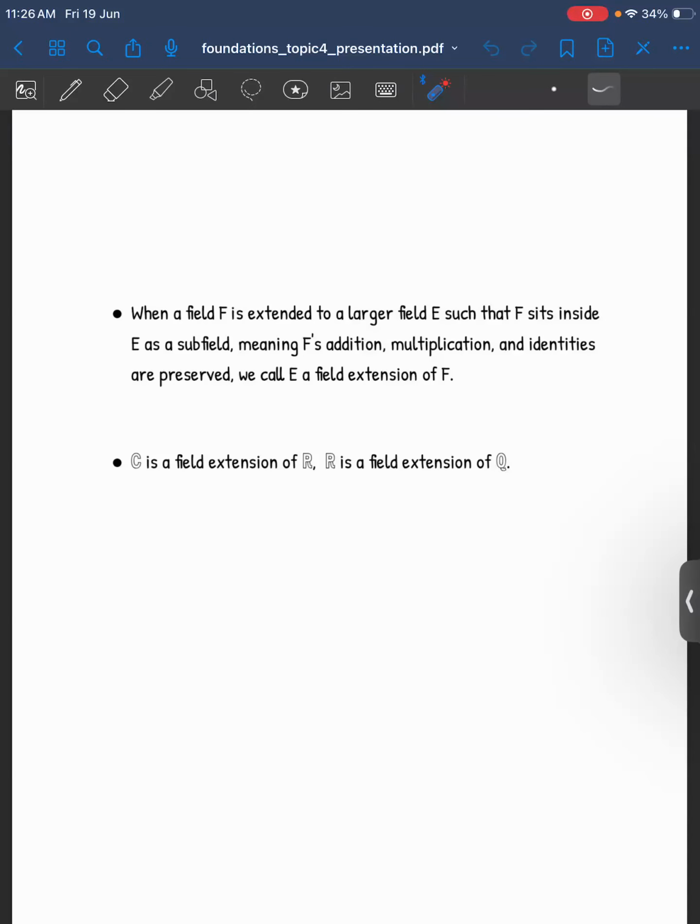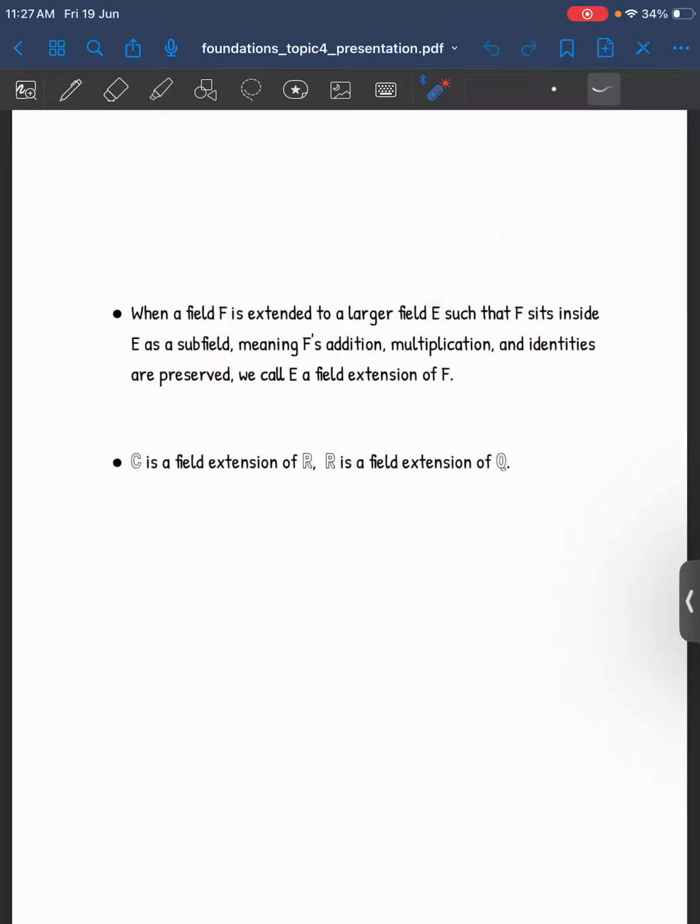So when a field F is extended to a larger field E, such that the field F sits inside E as a subfield. So in our example, F is the set of real numbers and E is the set of complex numbers.